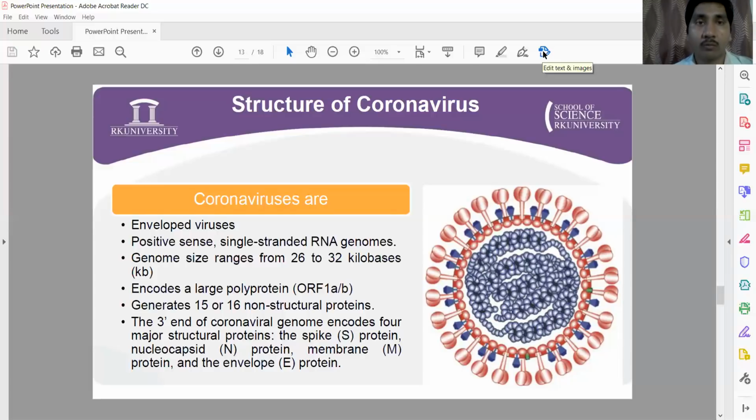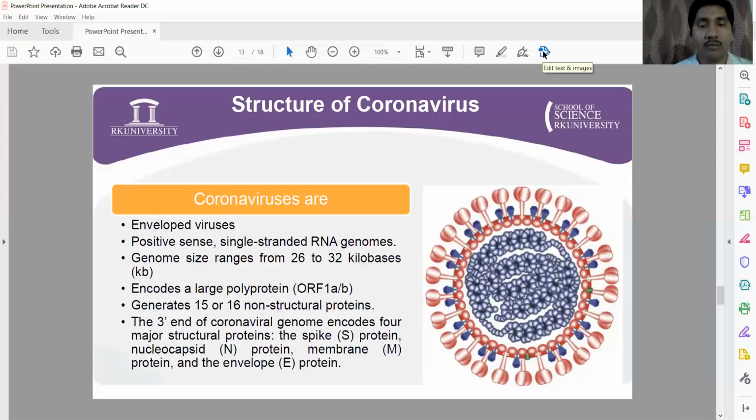There are various glycoproteins embedded into the envelope. So these are all the structural proteins which give the virus its structure. But there are other proteins which do not constitute the structure of the virus. Those are called non-structural proteins, and the genome codes around 15 to 16 of them. I have given the list in the next slide.